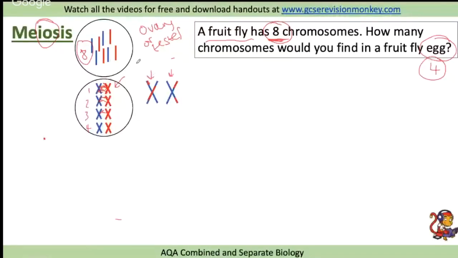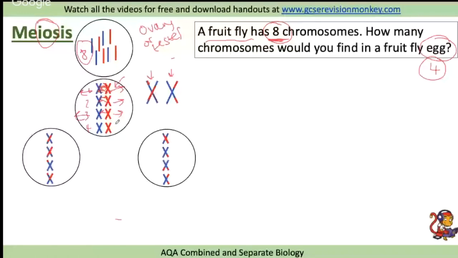It's what causes all of the eggs to be different and all the sperm to be different genetically. So the first division that they do is pulling these chromosomes apart after they've mixed up their DNA like so. So that's the first division, division 1. The chromosome pairs pull apart. You can see they're all slightly different now.